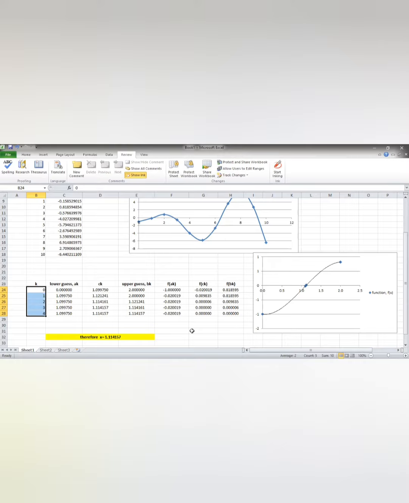So it converges slowly compared to the false position method. So I hope you already understand the difference in using the bisection method and the false position method in finding the roots of a function or the roots of a nonlinear equation.